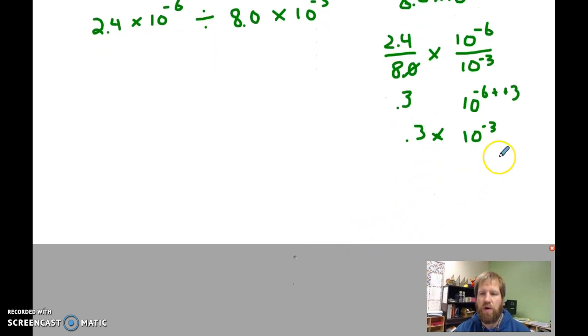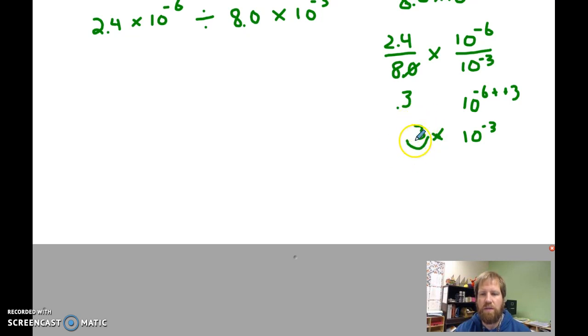Now, is this proper scientific notation? No, it's not, because this is not a number between 1 and 10. Okay? So to make that happen, we need to move our decimal place 1 over to the right. Okay? And this is a little bit of a seesaw, right? Kind of a balancing act. When I need to move this decimal over to the right, I'm making this part of my number larger.